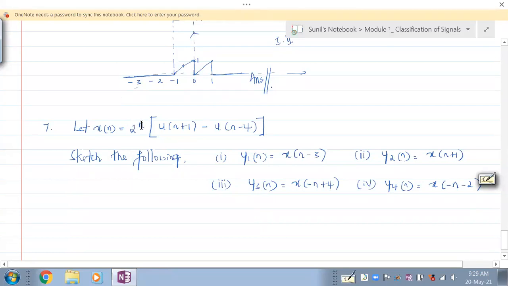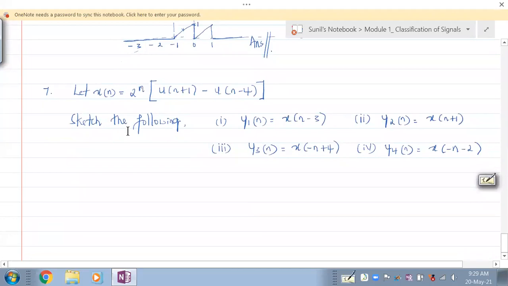And since n takes the value from this range to this range, that means this particular function of n is actually defining the range of 2 power n. Understand this? Let me give you the information regarding the signal first.